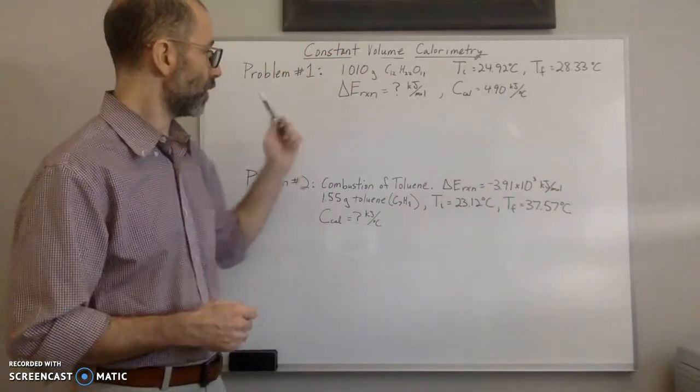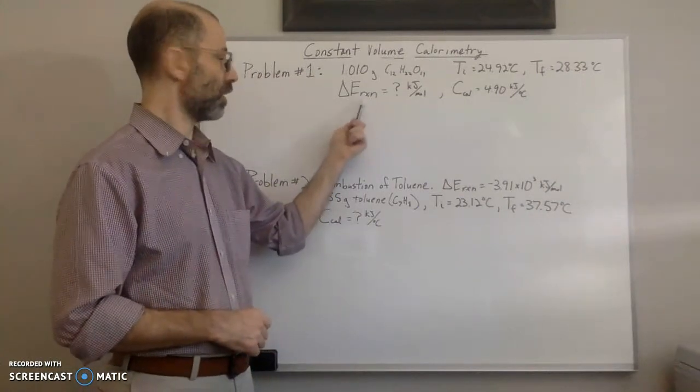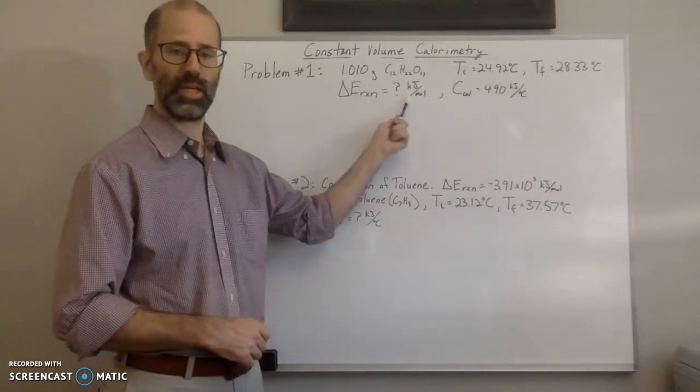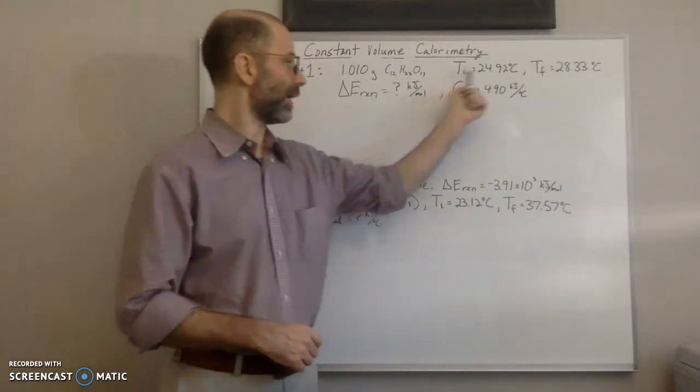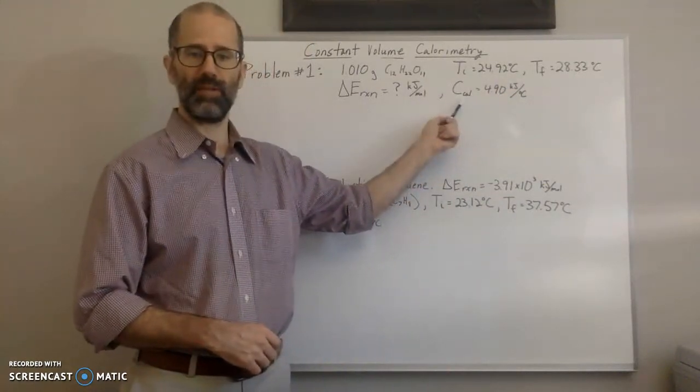And so we are being asked, what is the change in energy for the reaction? This is going to be in kilojoules per mole, and we're given the specific heat of the calorimeter.